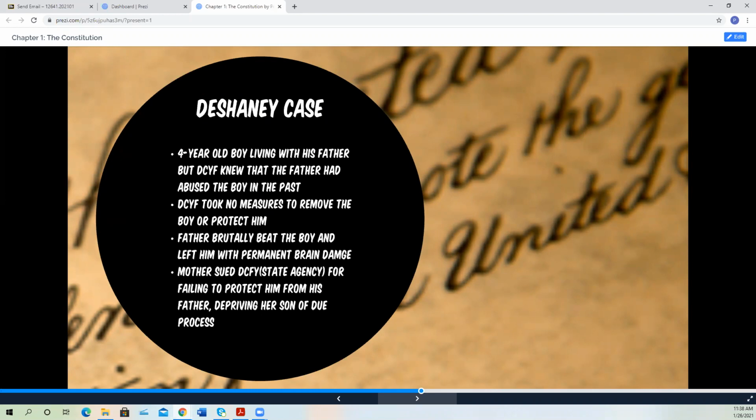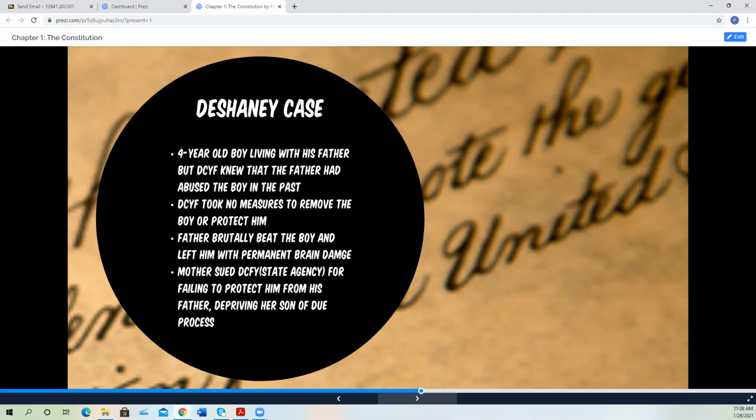And DCYF knew that the father had abused the boy in the past. So DCYF is a state agency, Department of Children, Youth, and Families. So the state knew that this father was abusing the boy, but they didn't take any measures to remove the boy or to protect him. They allowed him to stay there.